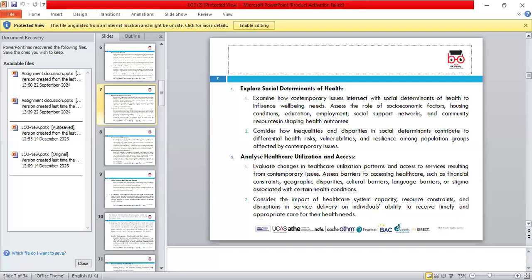We're trying to explore if there are more issues in those areas, and consider how inequalities and disparities in social determinants contribute to differential health risks, vulnerabilities, and resilience among population groups affected by the issues that you have explored.